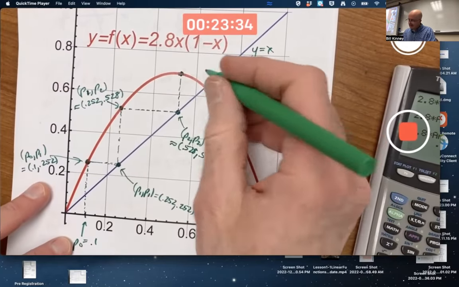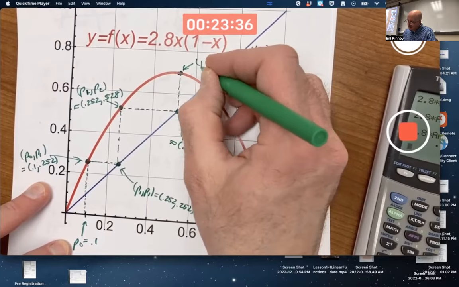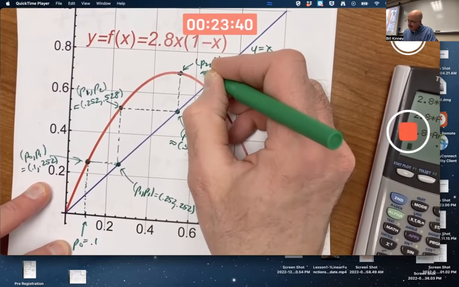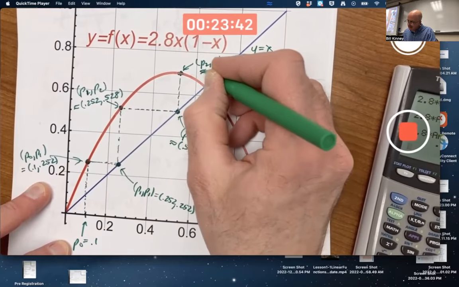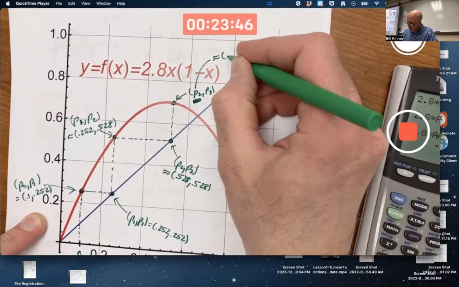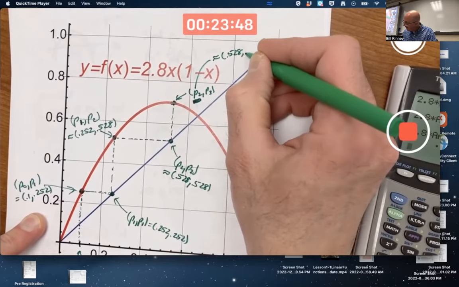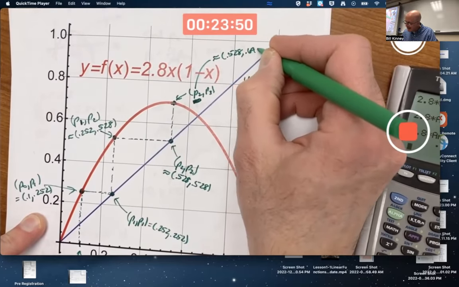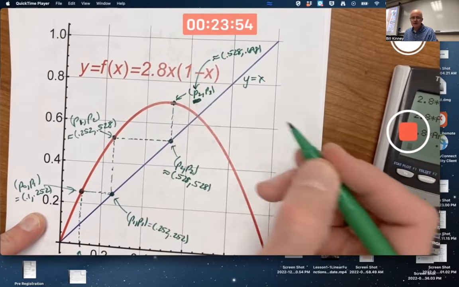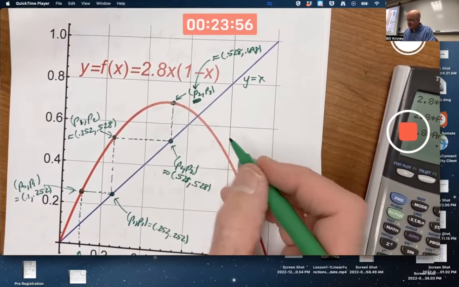Right around there. Now that point has coordinates P2, comma P3, approximately 0.528, comma 0.698 is what that is. Go horizontal.